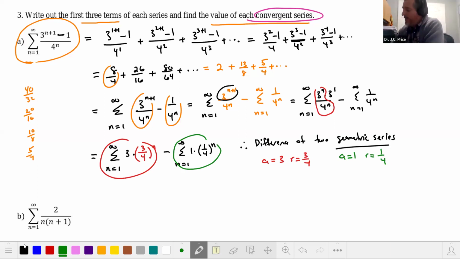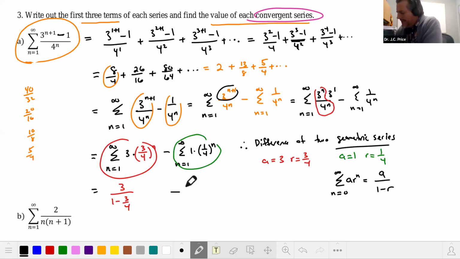I can use that formula for a geometric series that if you have this sum, n equals 0 to infinity of A times R to the n, it's always going to be equal to A divided by 1 minus R. And so this will be equal to, we can write it here, 3 divided by 1 minus 3/4. And then I'm going to leave some space here because there's something I want to talk about. And then minus, and this guy will be 1 divided by 1 minus 1/4.